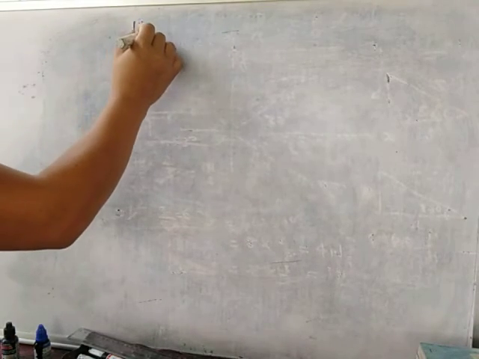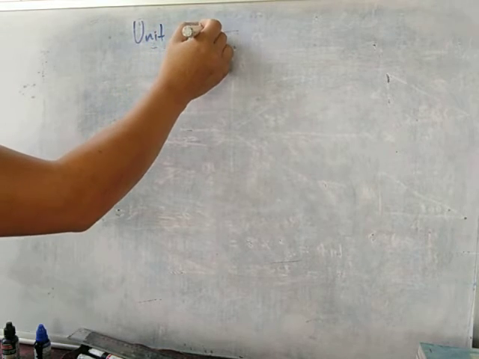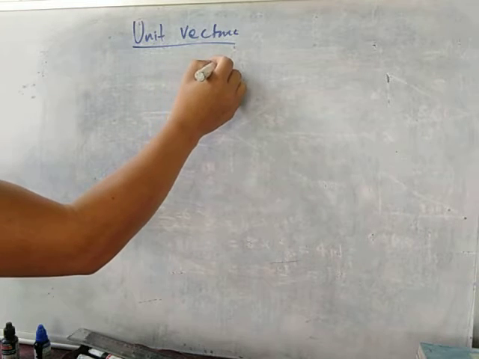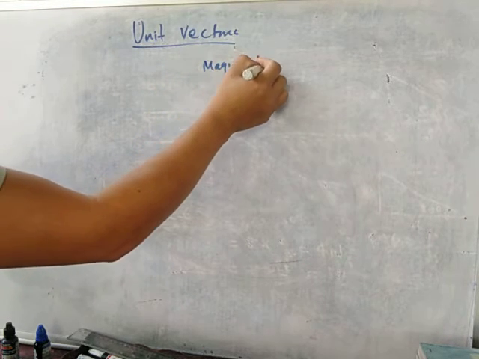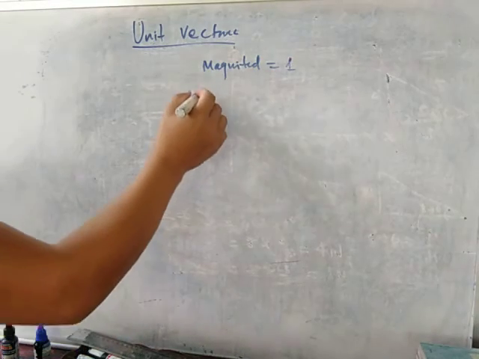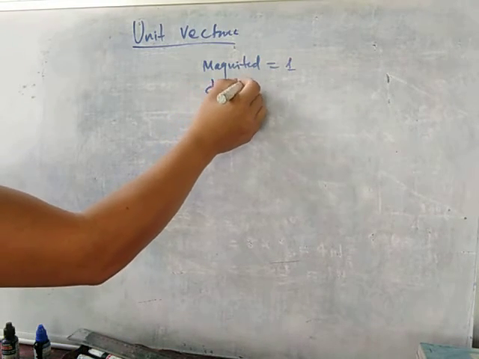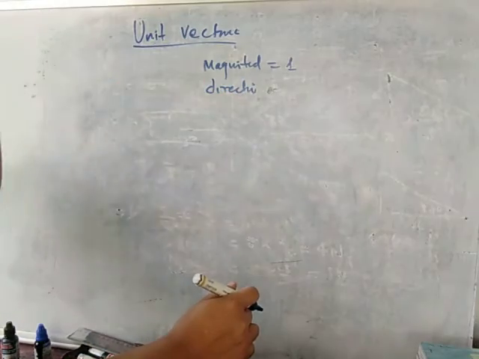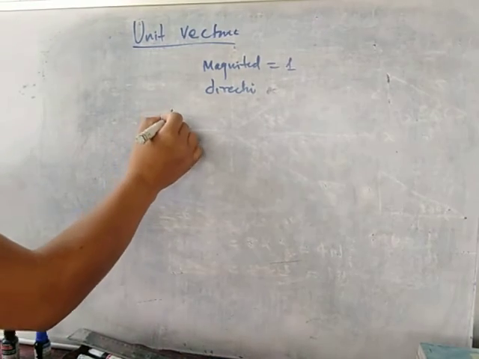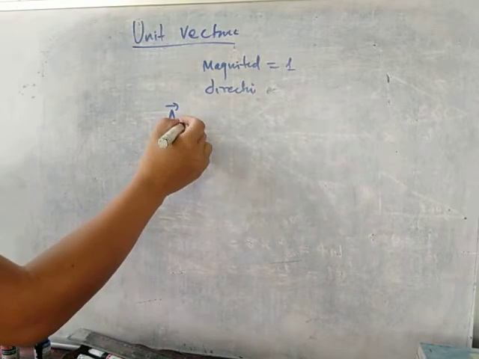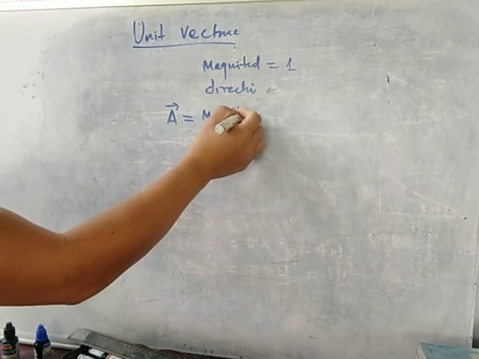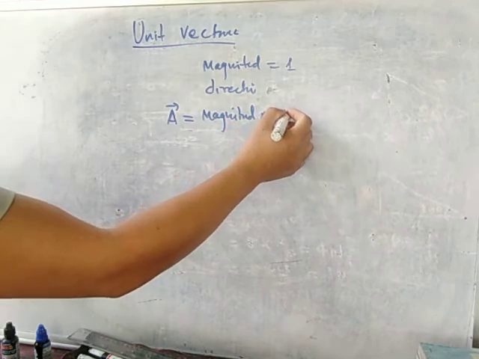So next write down unit vectors. Unit vector is a vector whose magnitude equals to 1, and direction is there, isn't it? So unit vector is nothing but a vector with magnitude 1. Okay, and see, if I have vector A, it can be written as magnitude into unit vector.